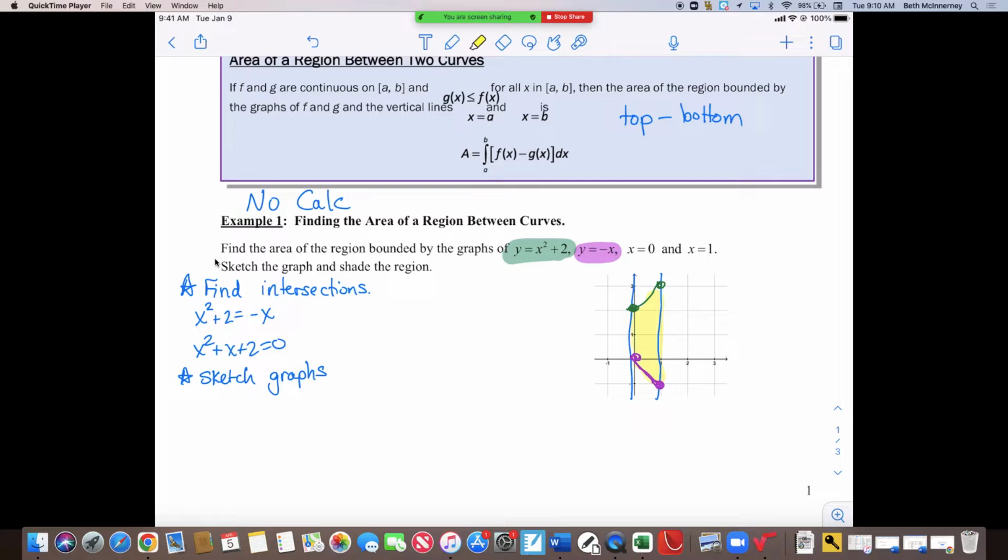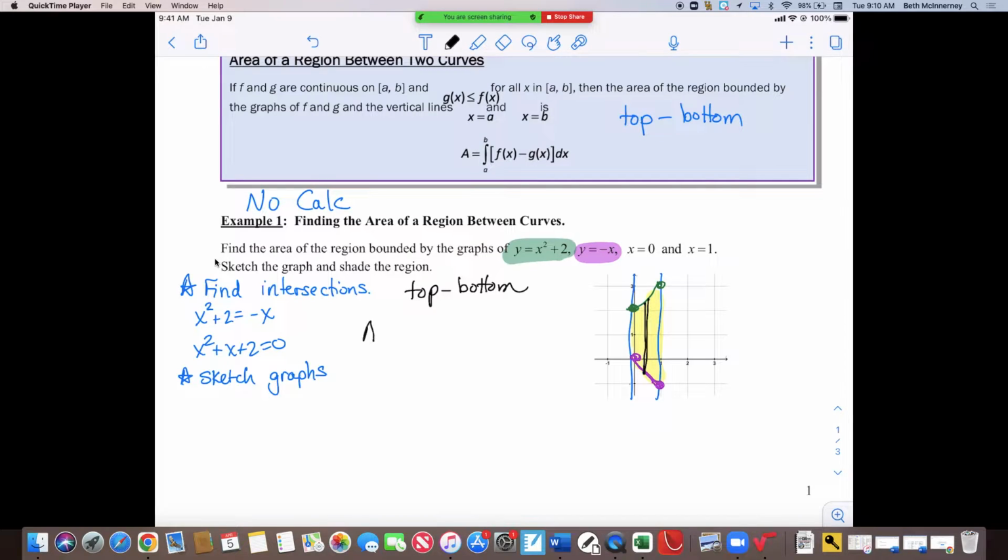When I talk about top to bottom or right to left, here's what I mean. If I could take a slice, everywhere I would slice, I could go top to bottom. There isn't a place where I don't have top to bottom, top to bottom, top to bottom. This will make a little bit more sense tomorrow, but for now, just sort of trust me. So this is a top minus bottom situation.